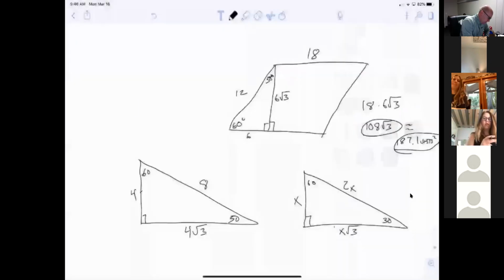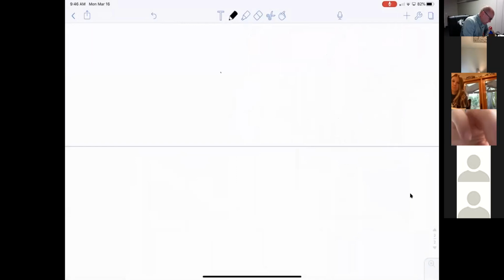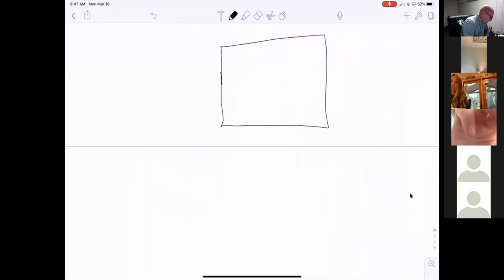All right, they might give us some weird looking shapes. So let's go back here. They might give us a bunch of different looking shapes, like there's an example in here where they have things like broken up, kind of like this.